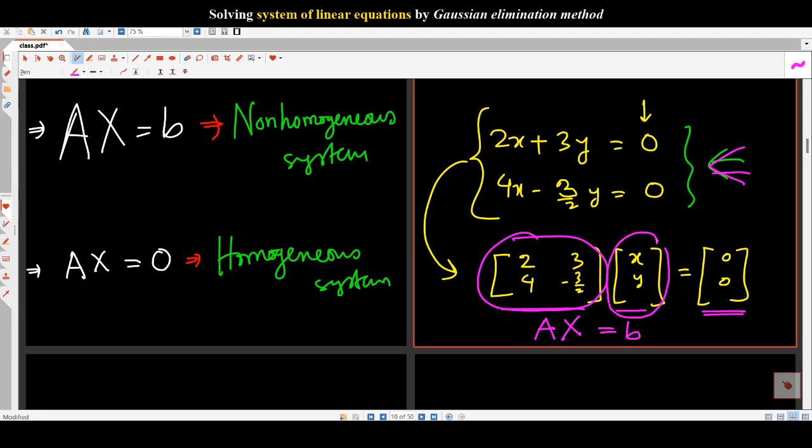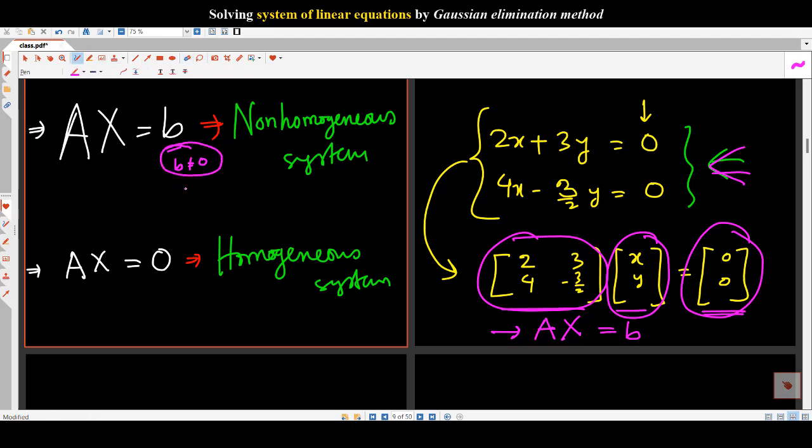This is our X matrix known as solution matrix or solution set. This is our B matrix, based on which we can say whether the system is homogeneous or non-homogeneous. So that means if B is not 0, then that is non-homogeneous system. If B is 0, then that is known as homogeneous system. That is the simple thing.